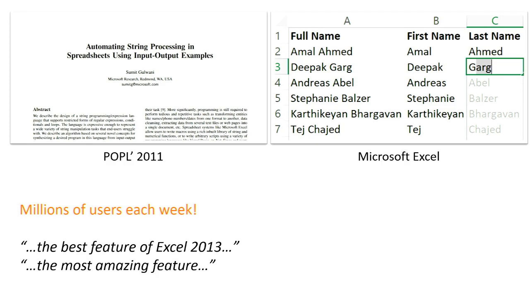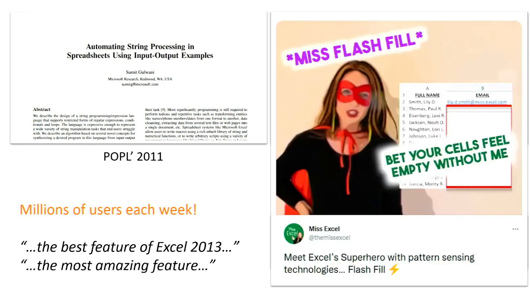I see some skeptical faces, but here you see Miss FlashFill. Miss FlashFill created this ad to advertise her Excel tutorials. By the way, just to be clear, we are not affiliated with Miss FlashFill. That's just someone we don't know.